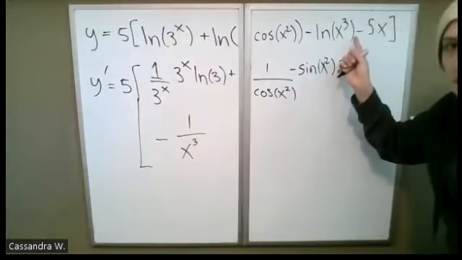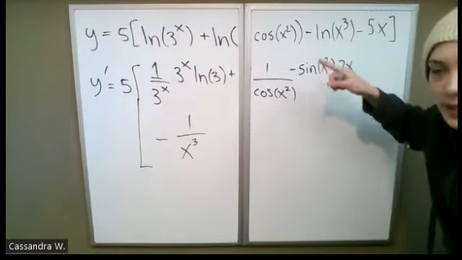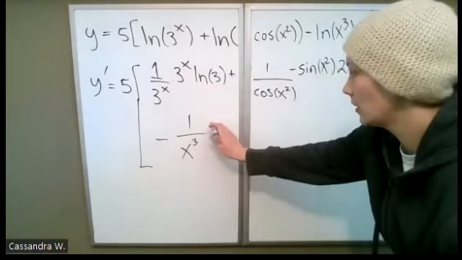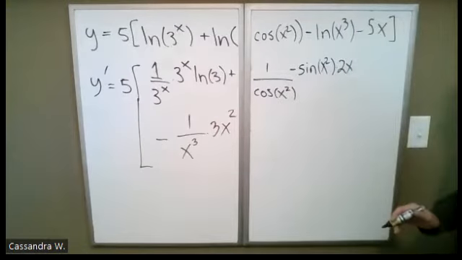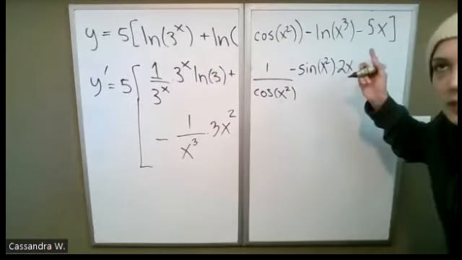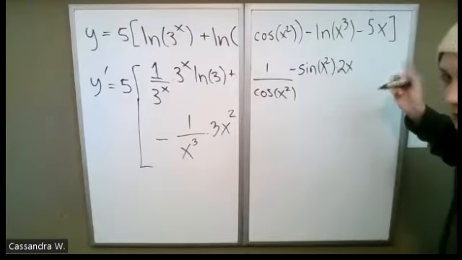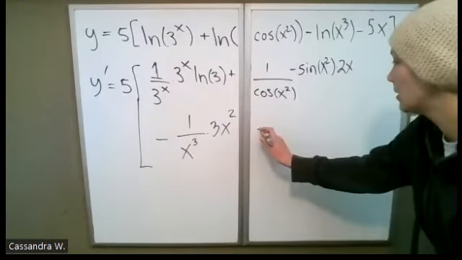And go inside, take the derivative of x cubed, which is 3x squared. And now we're at the end with derivative of 5x being 5. So subtract 5.